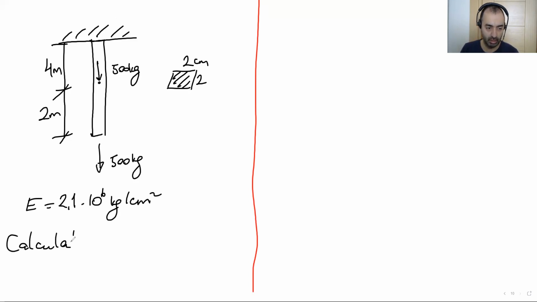Calculate the total elongation. Firstly, we need to draw the axial force diagram. You know the rules, how to draw it. I'm not gonna do it again.